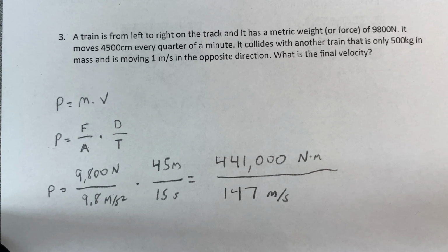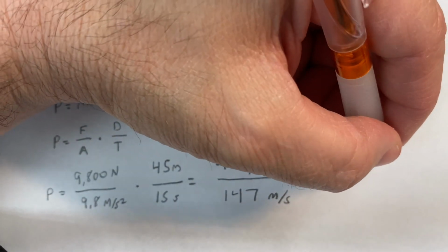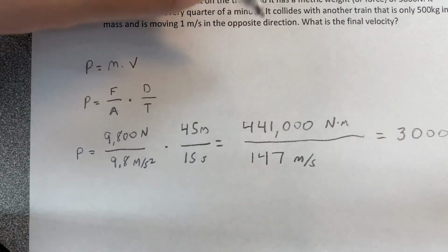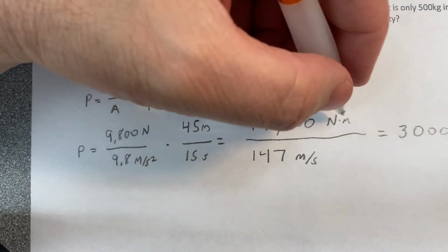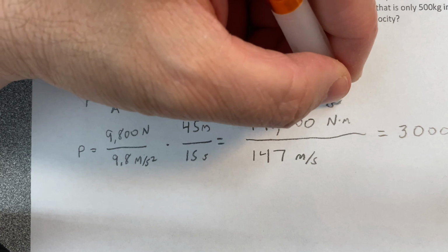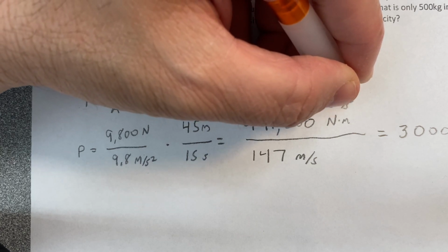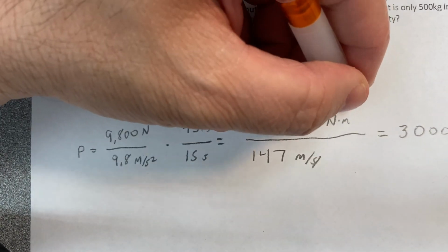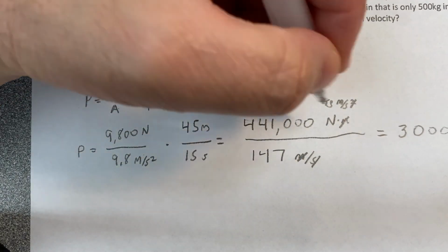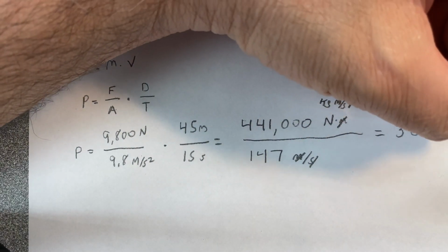And you would get 441 divided by 147. You get 3,000 and you'd have kilogram meters per second squared, so that would cancel one of those out, and that meter would cancel that out, and you would have kilogram meters per second.